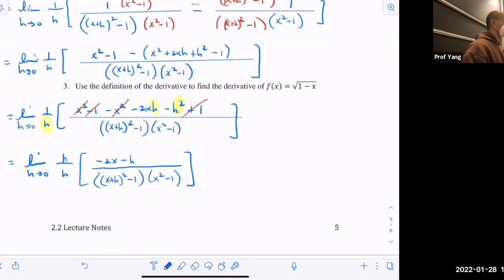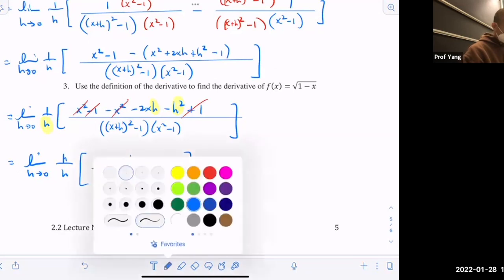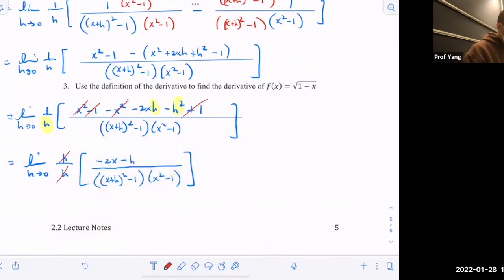Any questions about this so far? So then the h's cancel out. Yeah, that's fine. And now I want to plug in 0. Can I just plug in 0 here? I don't want to rewrite it again. So this guy goes to 0, this guy goes to 0.